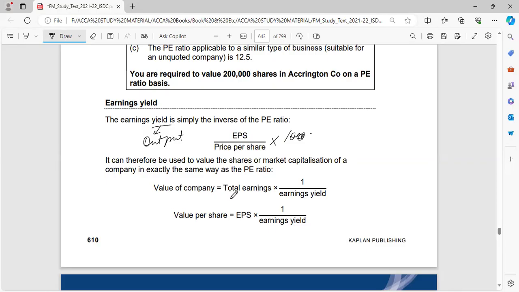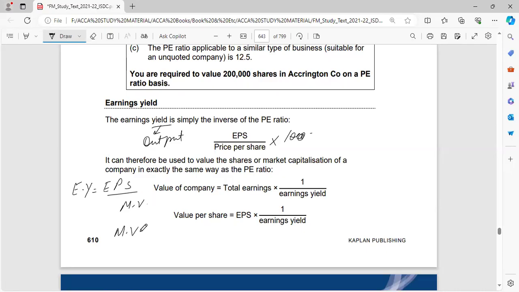Value of the company is equal to total earnings multiplied by 1 divided by earnings yield, or EPS into 1 divided by earnings yield. What is the formula of earnings yield? Earnings yield is equal to EPS divided by price per share, or market value.